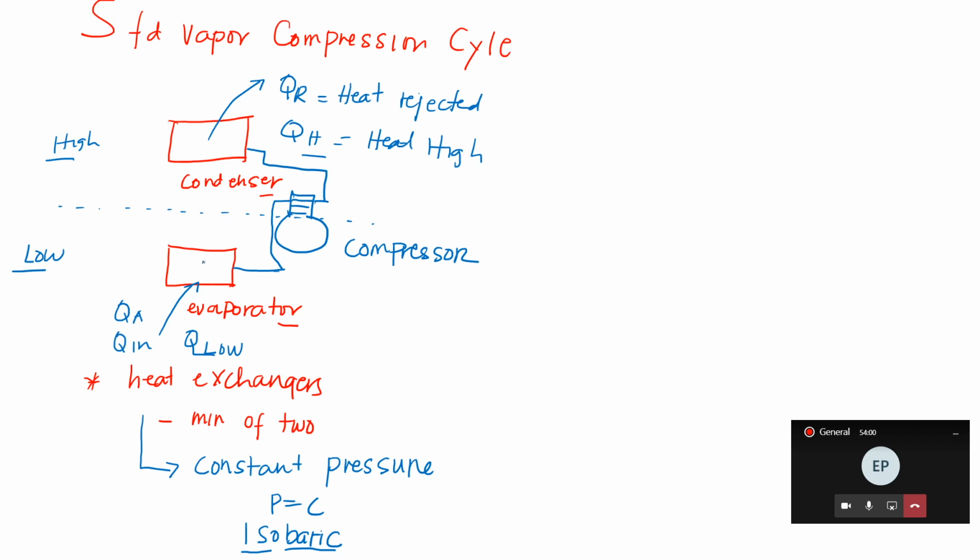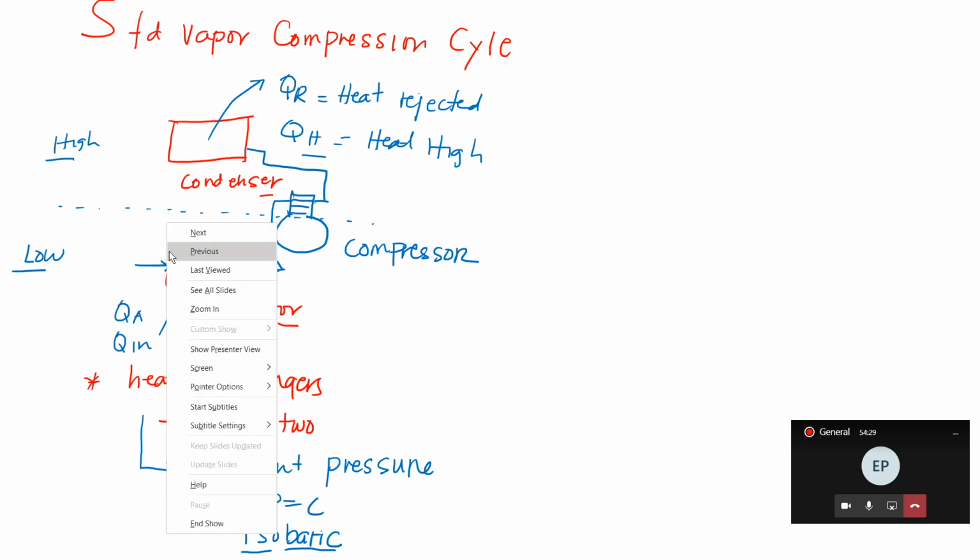So the evaporator, what is happening in the evaporator? It will absorb heat from the surroundings, meaning the heat of the room, the heat of the vegetables in the refrigerator, the heat of the water inside your refrigerator, the heat of fruits, vegetables, fish, and others, right? So that heat will be absorbed by the refrigerant. Where's the refrigerant?